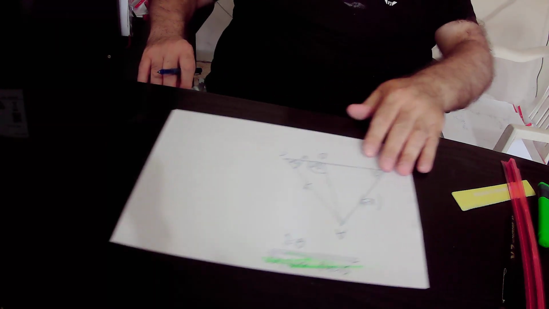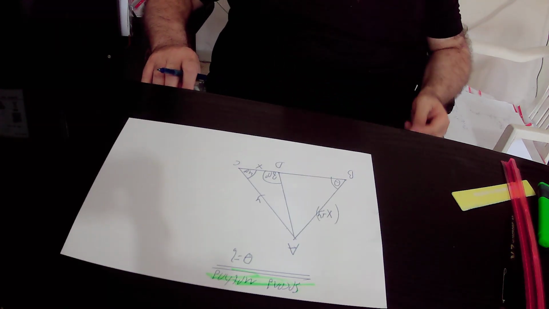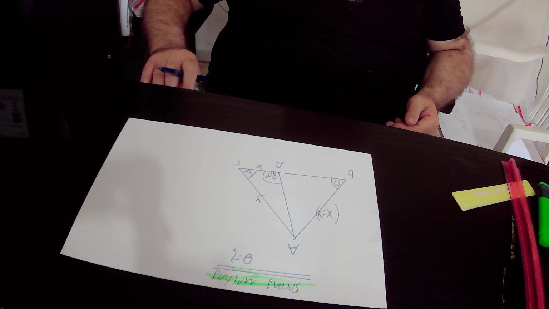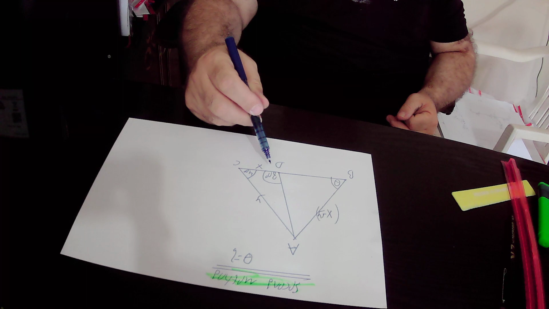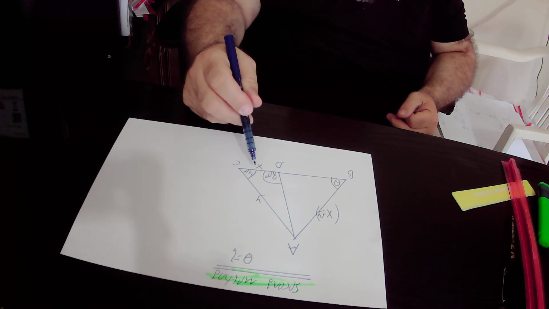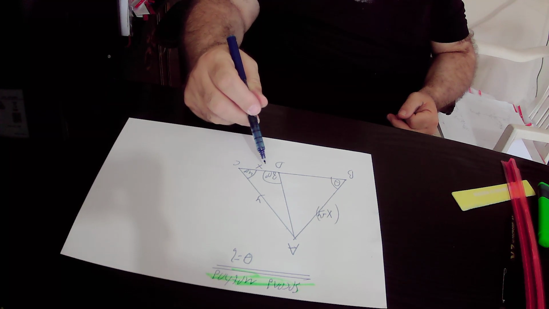In the second method, we'll focus on triangle ADC. In triangle ADC, this angle equals 80 degrees, this angle equals 40 degrees. The sum of those two angles, 80 degrees plus 40 degrees, is 120 degrees.